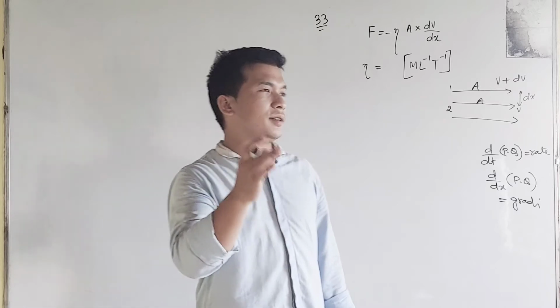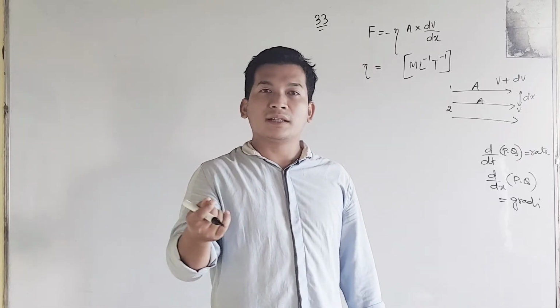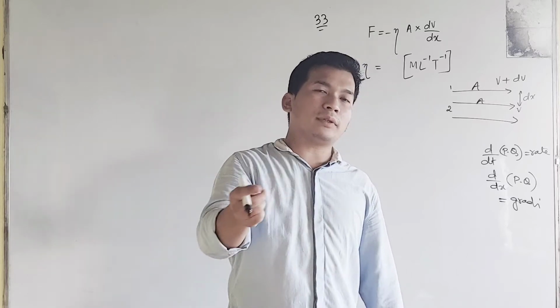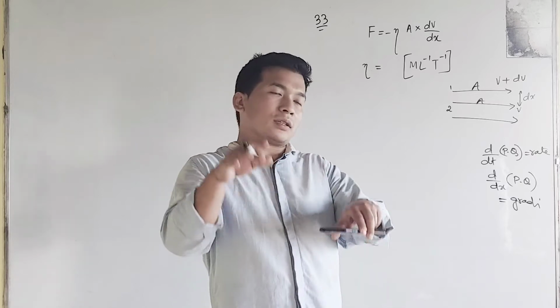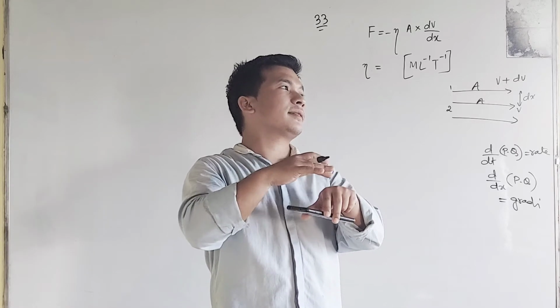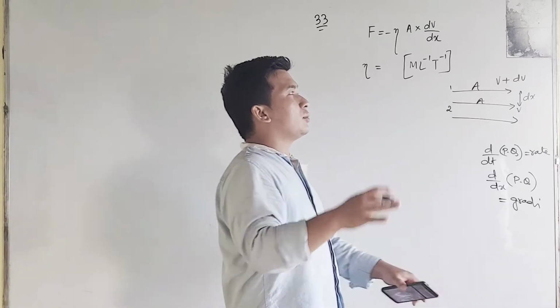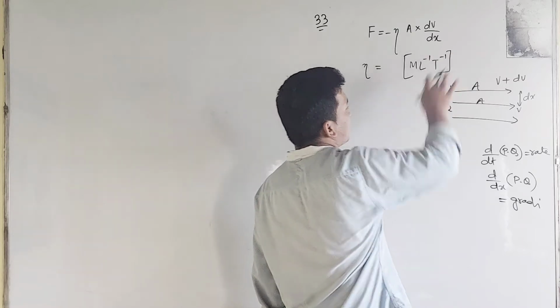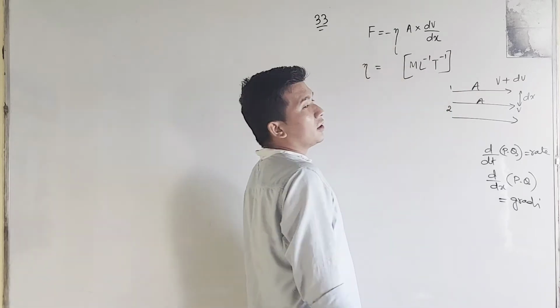If we consider a very viscous medium just like glycerin or honey, when it is poured down it will take time to fall, because there will be layers, and that layer will try to reduce the velocity of one another, and that force is known as viscosity.